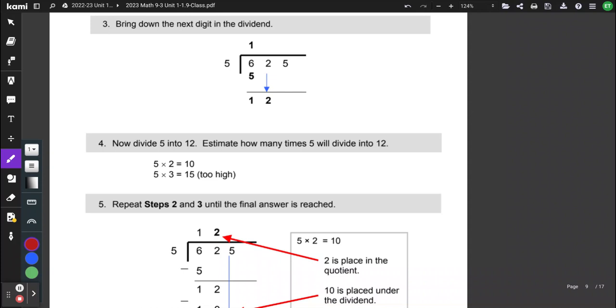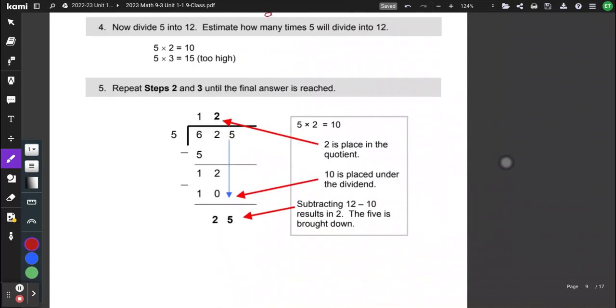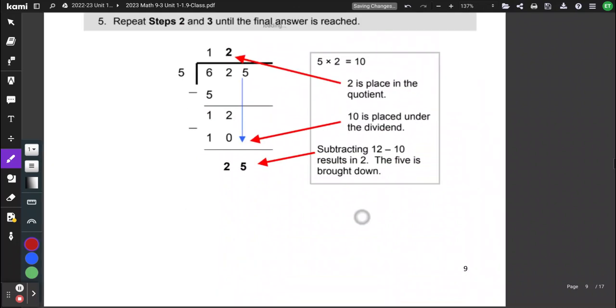Now we know that 5 will divide into 12 two times, which makes a 10. So I would put my 2 up there, I would get a 10, and then I subtract, and I get a 2 left over. That's what they're showing right here.